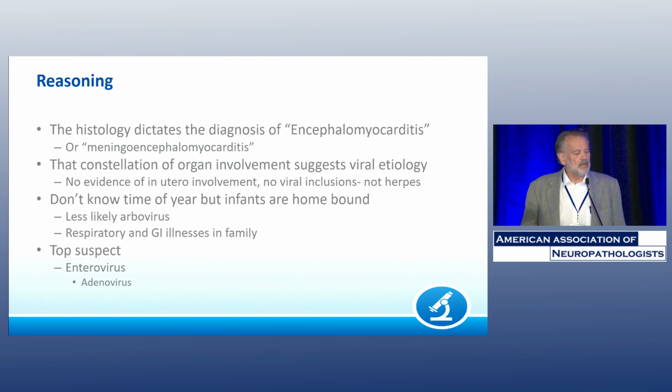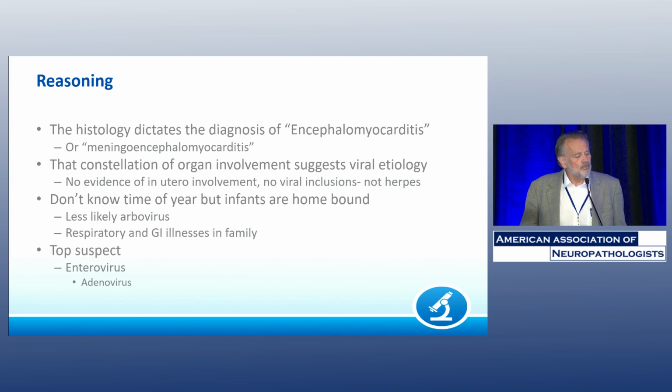So we know, based upon the constellation of organs that are involved, both the heart and the brain, that it could be a viral etiology. The child had no evidence of in utero involvement, had been born well, there weren't any inclusions, we weren't thinking in terms of herpes. The good thing about infants is they're like adults during COVID. You don't get around very much.